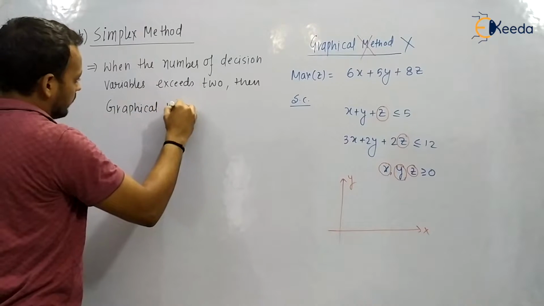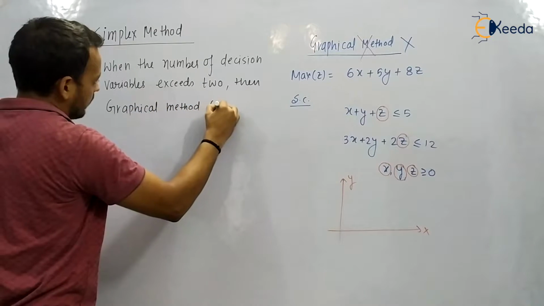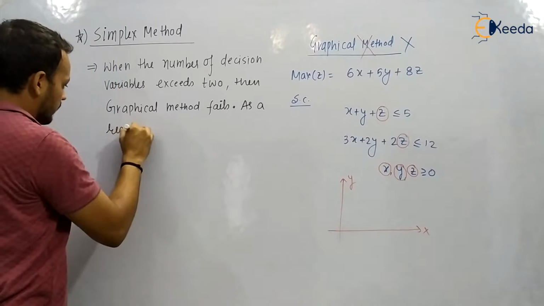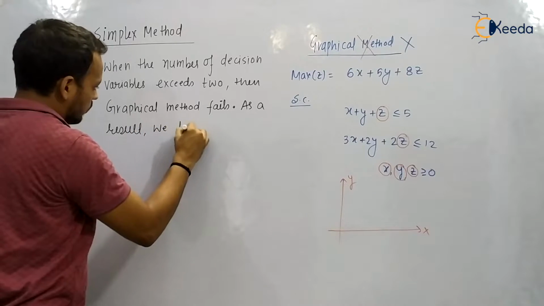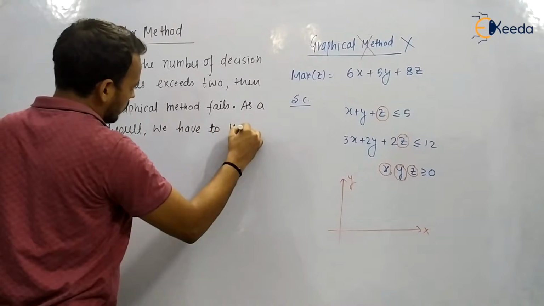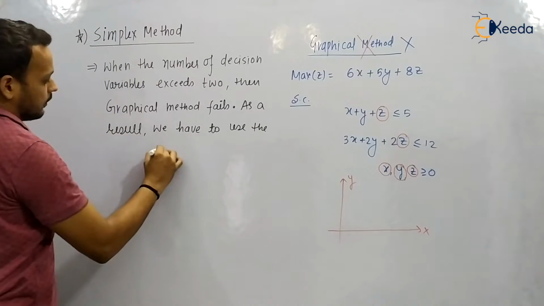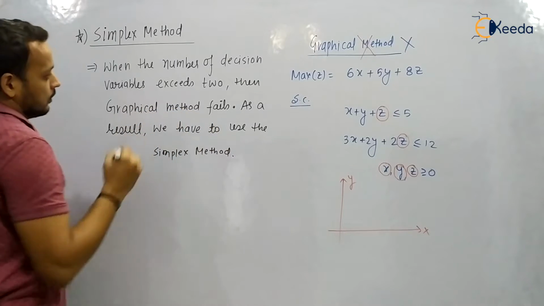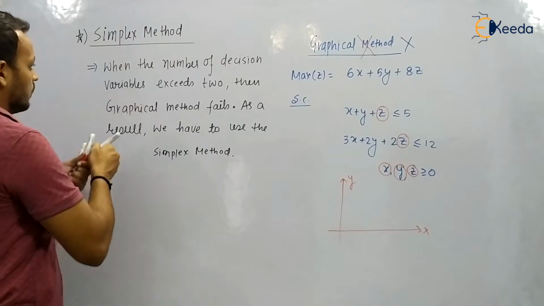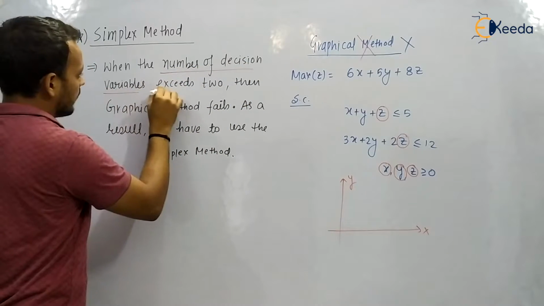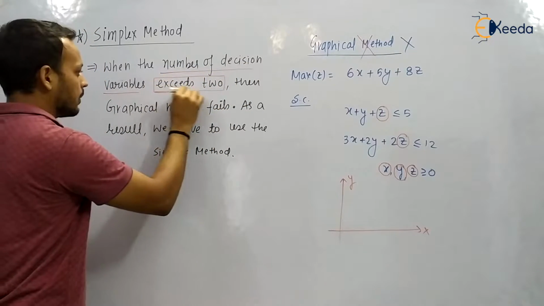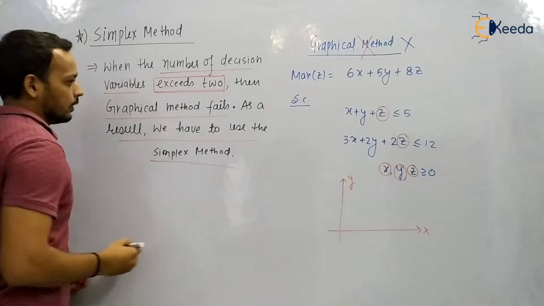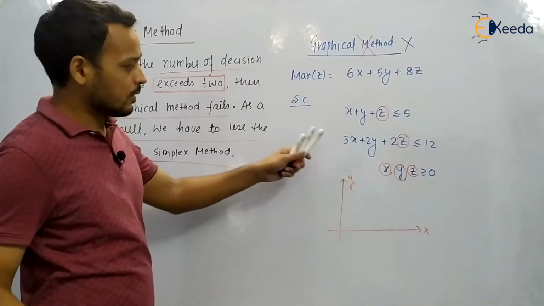When the graphical method fails, as a result we have to use the simplex method. When the decision variables are more than 2, the graphical method will fail and we have to use the simplex method. Very simple.